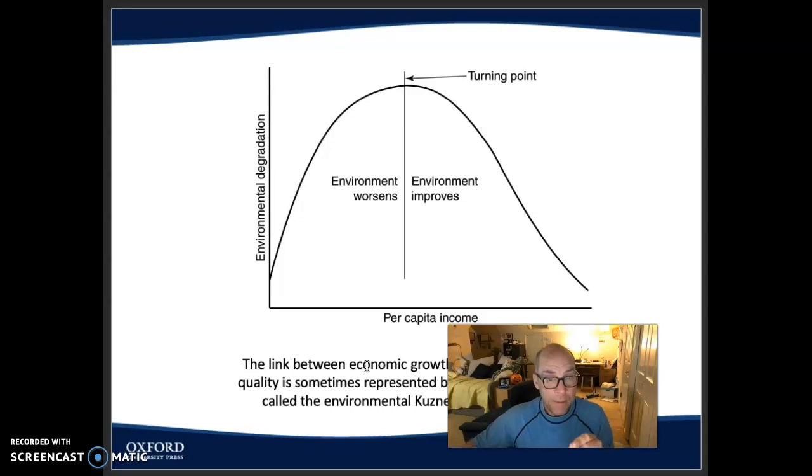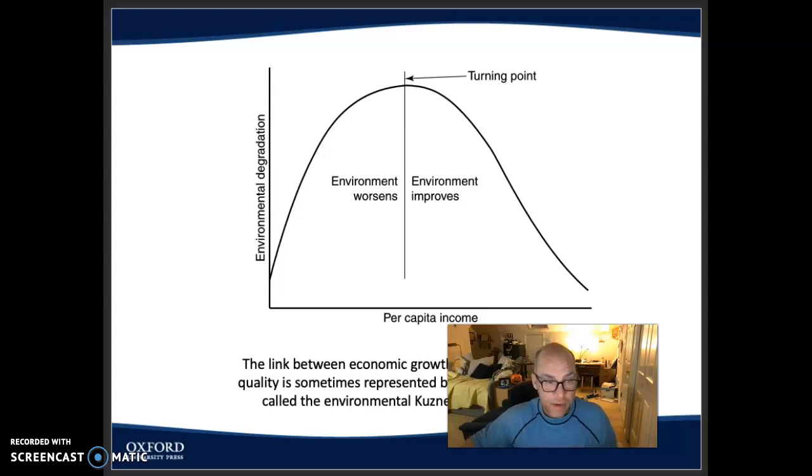As per capita income increases, we see an increase in degradation, but then as the income continues, there's a decrease in degradation. The basic idea is that the higher a nation's per capita GDP income, the more people care about the environment. And this is what this curve is trying to catch.